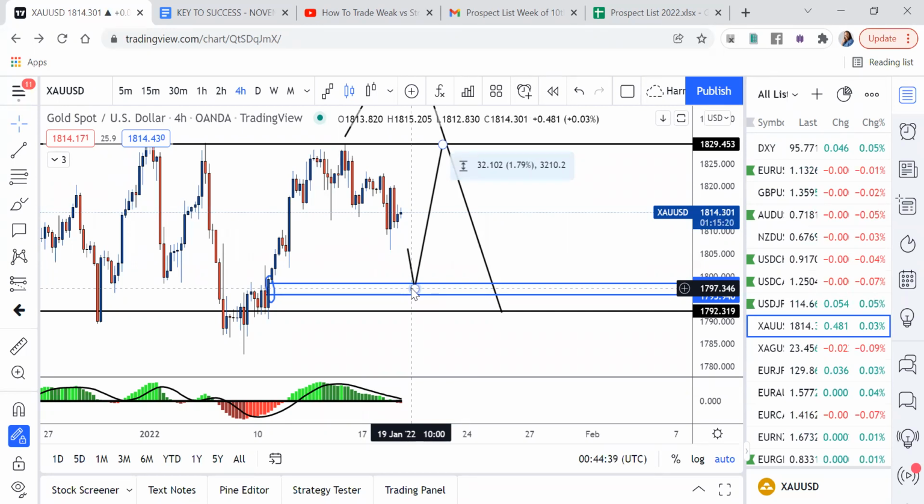That's what I mean by exhaustion, price pausing, momentum slowing down to the downside. Then I will happily take the buy at the start of the New York session tomorrow morning.